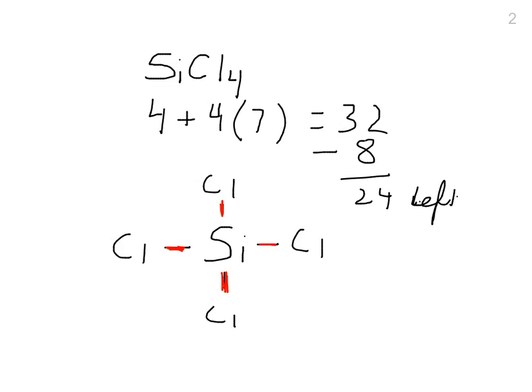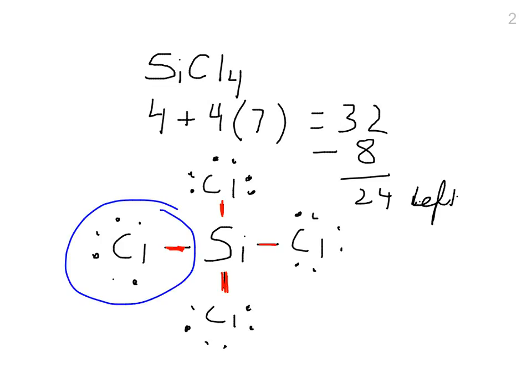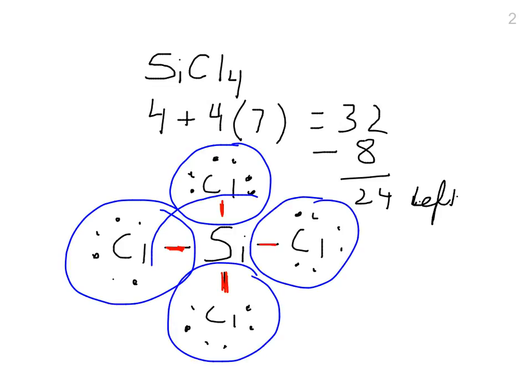Here they go. 1, 2, 3, 4, 5, 6, 7, 8, 9, 10, 11, 12, 13, 14, 15, 16, 17, 18, 19, 20, 21, 22, 23, 24. All right? Everybody's got 8. I got 8 through there, and through there, and I have 8 through there. All right?